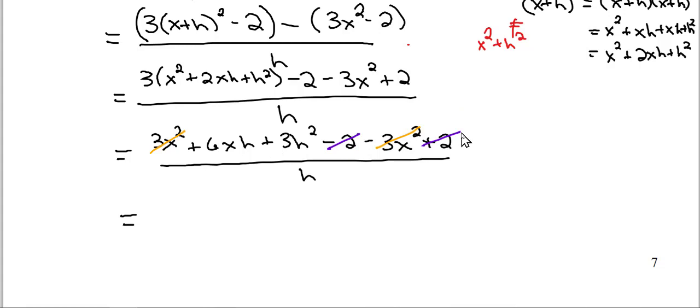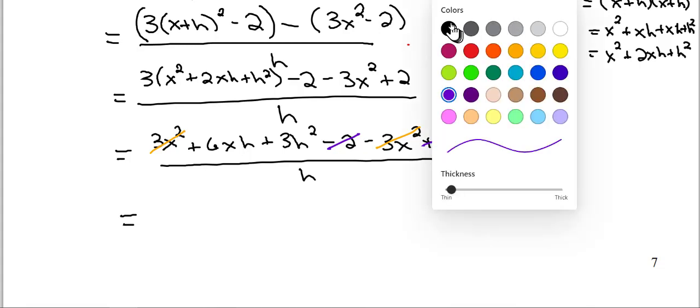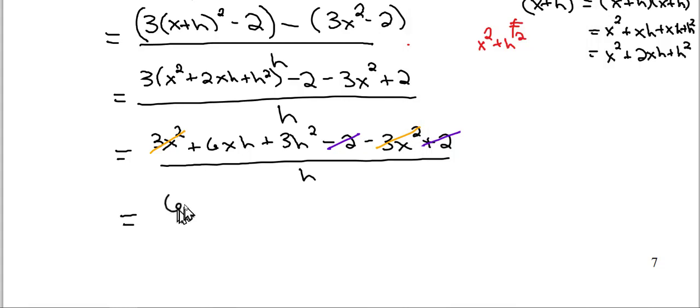Here's a hint. A lot of stuff should simplify away when you do this difference quotient. All of your function at the end there, the x squared should be gone. If you didn't, you forgot to distribute or something. 6xh plus 3h squared is all we have left in the numerator, all over h.